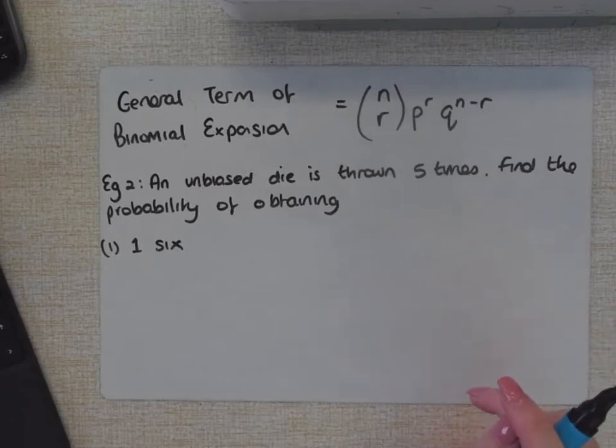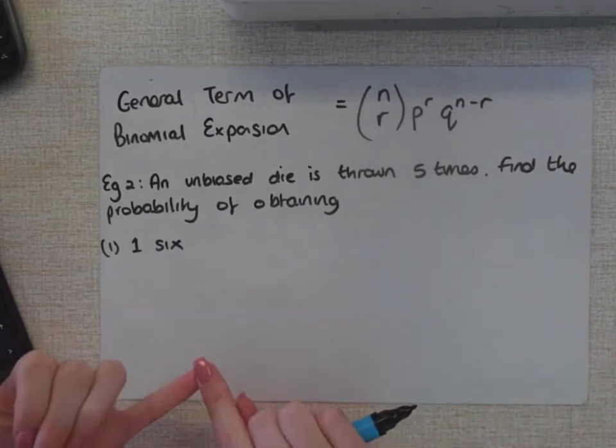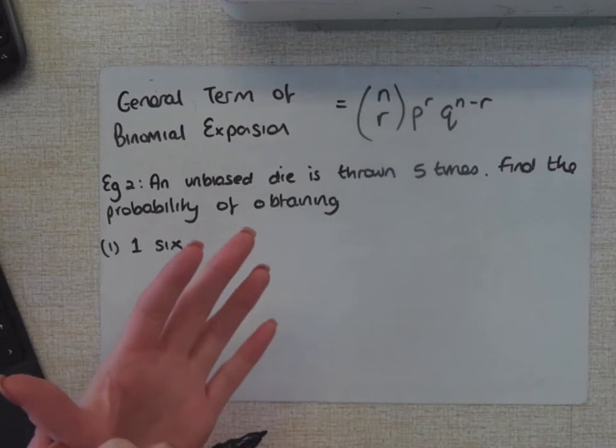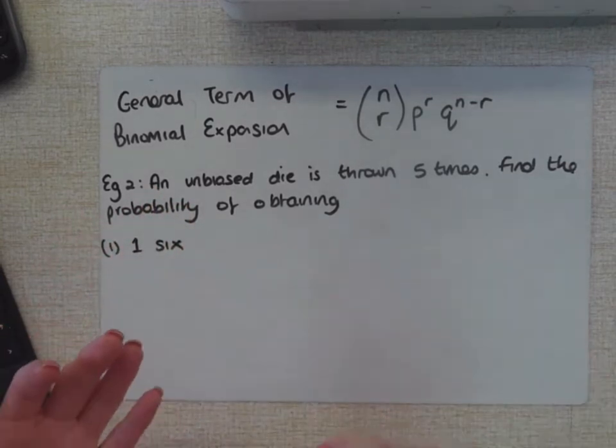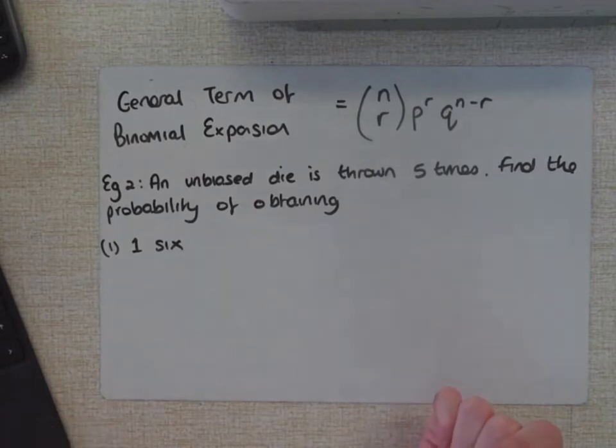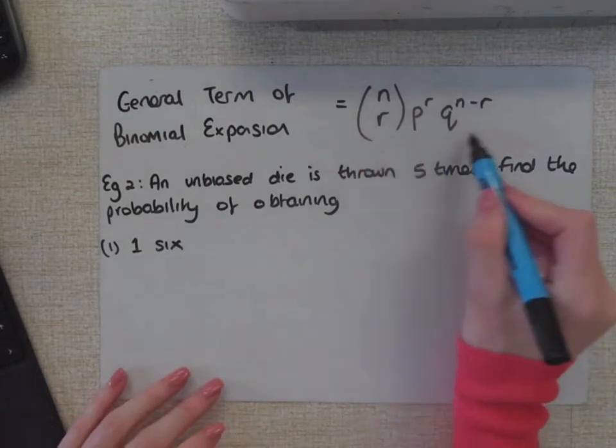Now, if I'm getting 1 six, that would imply I can either get a 6 and then not a 6, not a 6, not a 6, not a 6, or not a 6, a 6, not a 6, not a 6. You're going to go through all those options. But we know to save ourselves time, we can just use this.